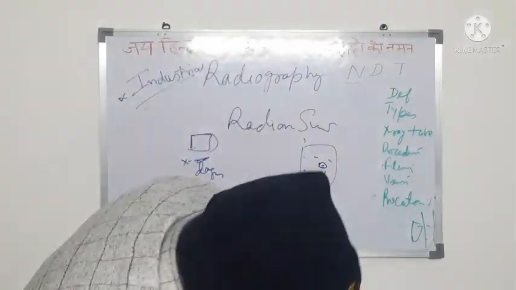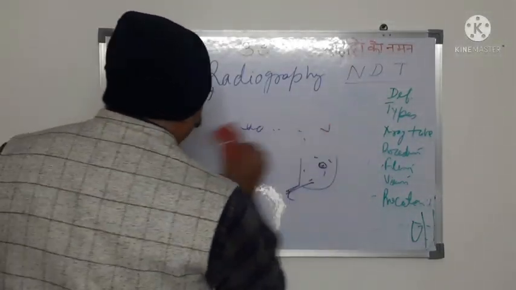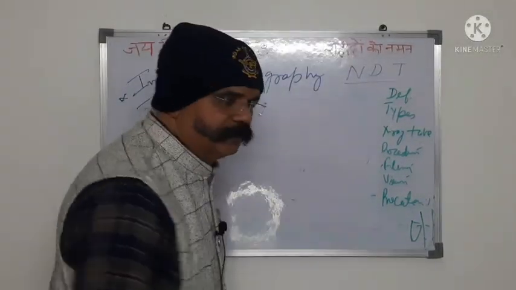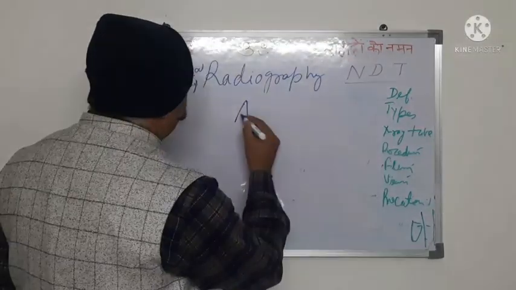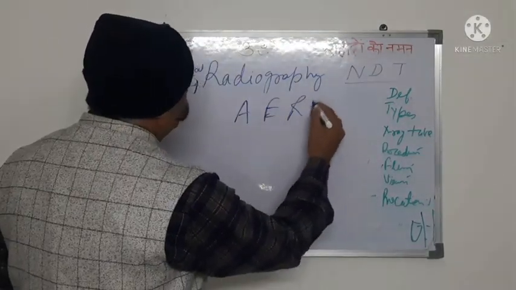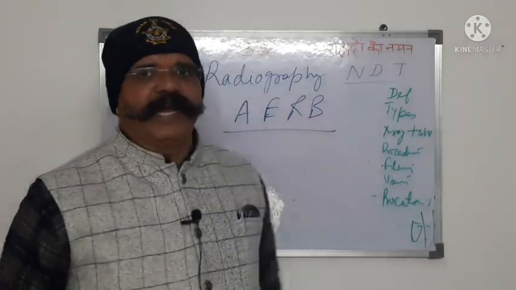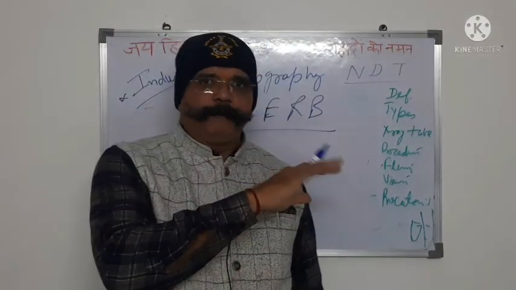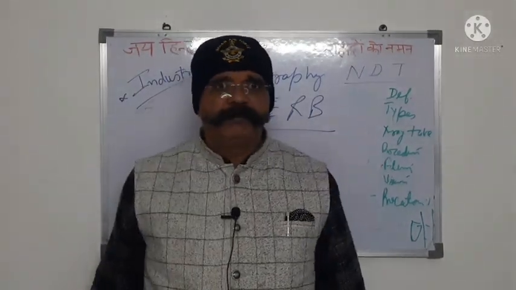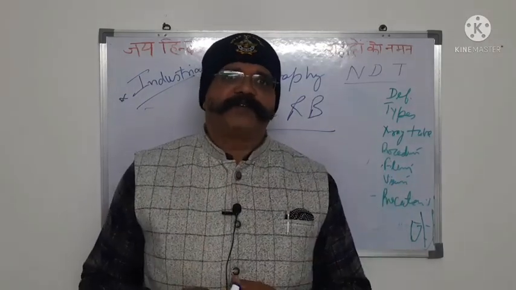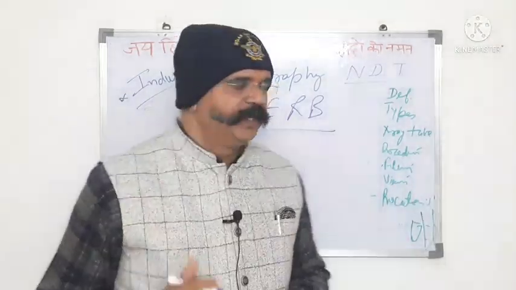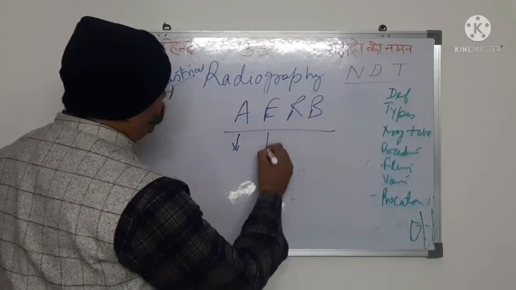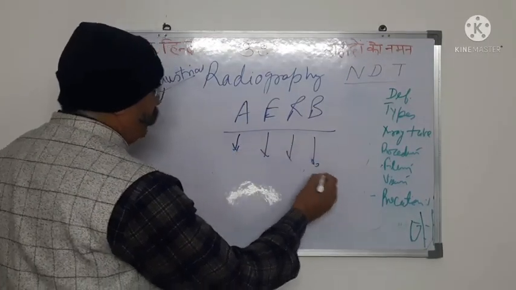These X-ray plants are to be registered under the guidelines of the AERB. If you visit the website of the AERB, there is a column where you have to register for an X-ray plant. The AERB is the Atomic Energy Regulatory Board in our country.